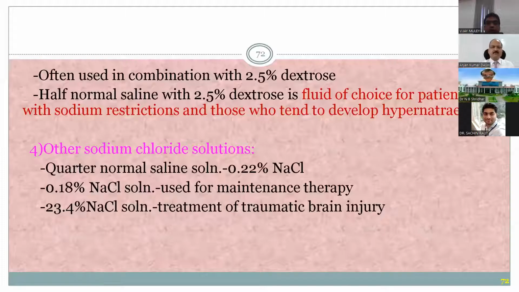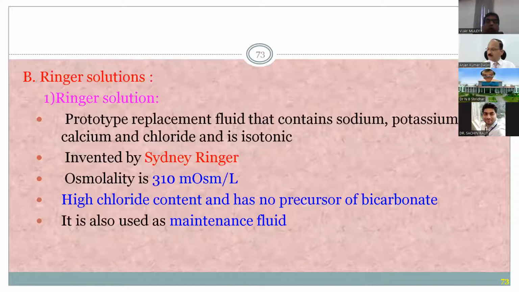Other sodium chloride solutions are also available, such as 0.22% sodium chloride, used for maintenance therapy, and a 23.4% solution for traumatic brain injury. They are called hypertonic solutions. Whenever we find a concussion or brain injury, they need to be administered immediately, because the fluid will get outside.